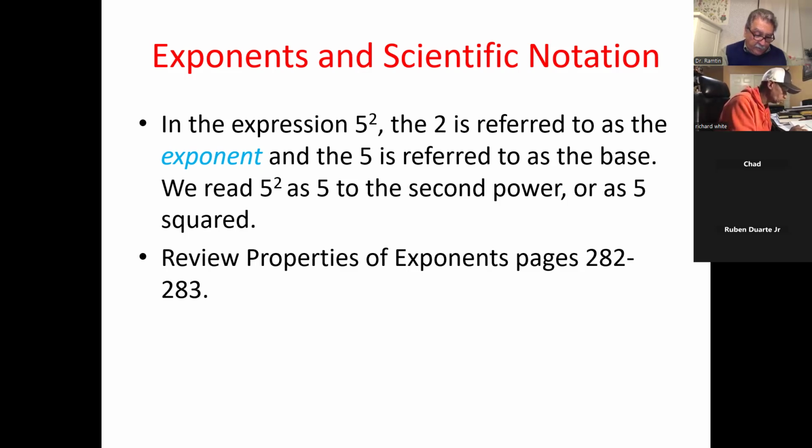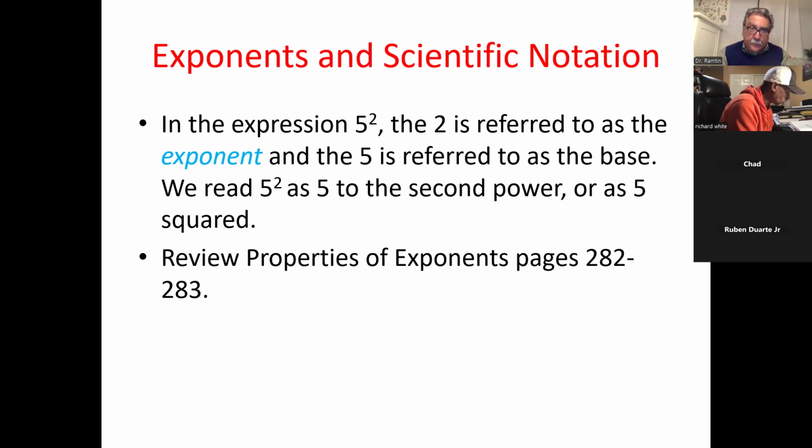If I have b to the power of m divided by b to the power of n, from table 5.4 in your textbook, page 282, it is the same as keeping the base and subtracting the exponents, m minus n. If I have 5 to the power of 12 divided by 5 to the power of 4, it is the same as 5 to the power of 12 minus 4, or 5 to the power of 8.